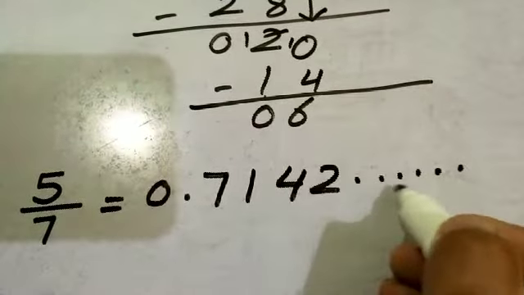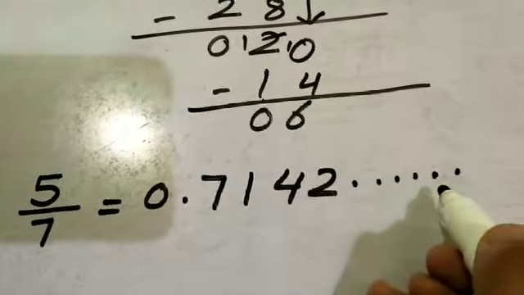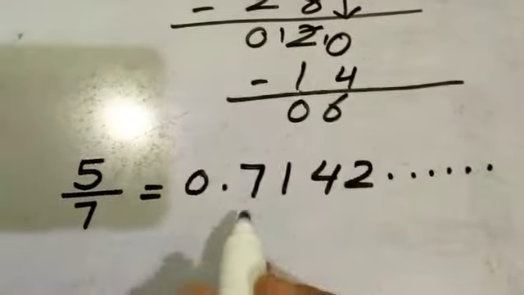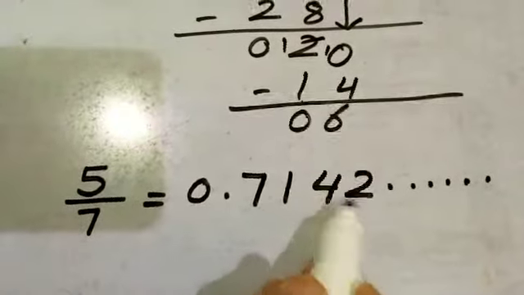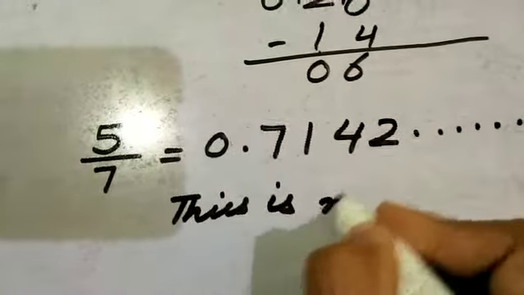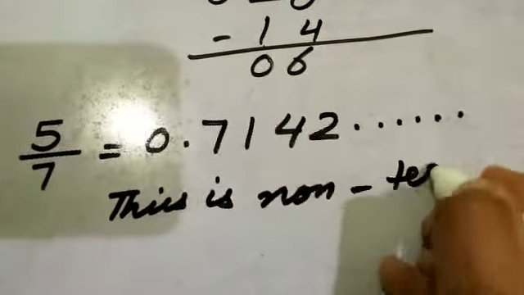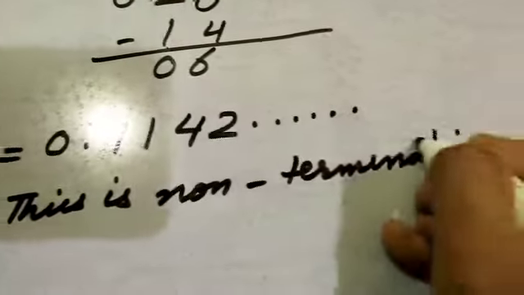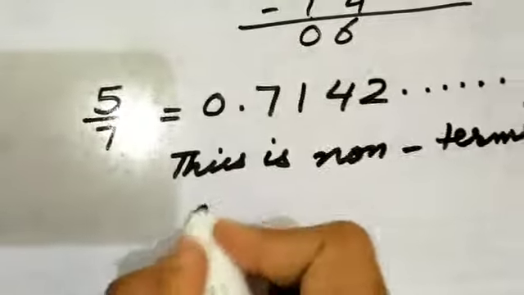These dots mean so on, continuous. We can solve it as it is. So the answer is 0.7142. This is a non-terminating decimal.